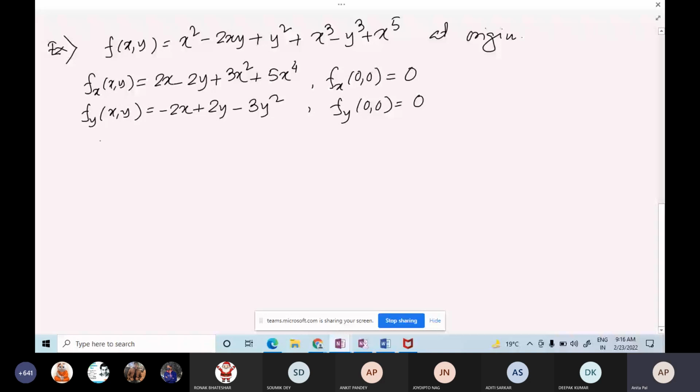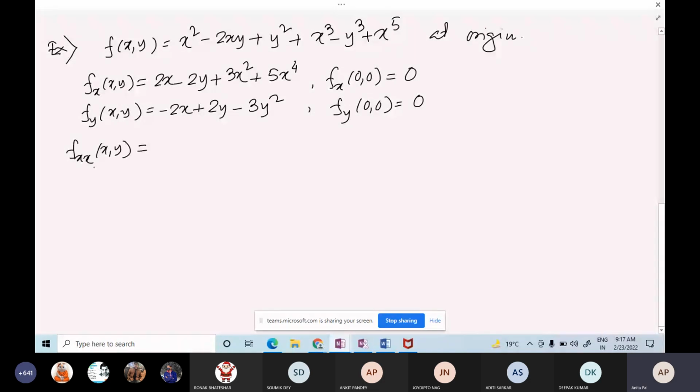And we know at extrema fx equals 0 and fy equals 0. Now if we make them equal to 0, we'll get the stationary point, but we'll not go for that because the problem only says we have to check the nature of the function at origin. So naturally we'll first find the second derivatives at x, y, then put 0, 0.